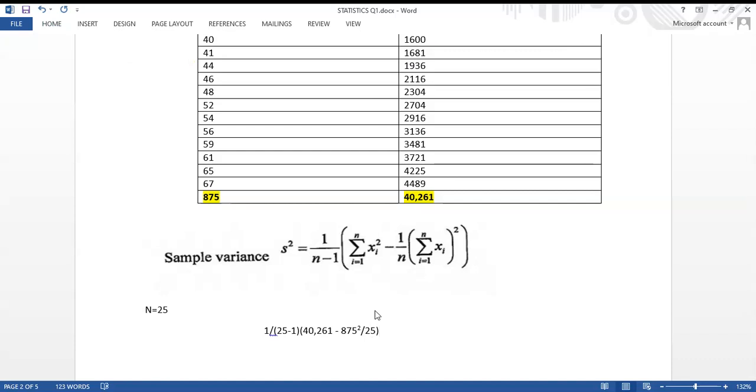Are we okay with this? Any queries before we do the divisions?